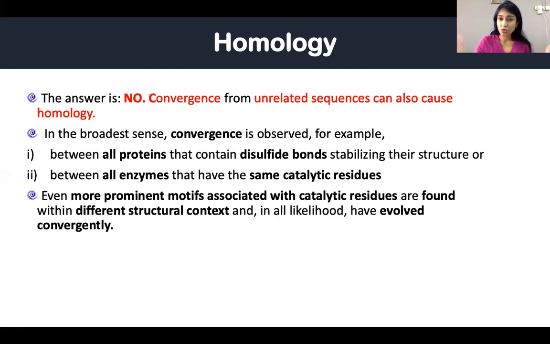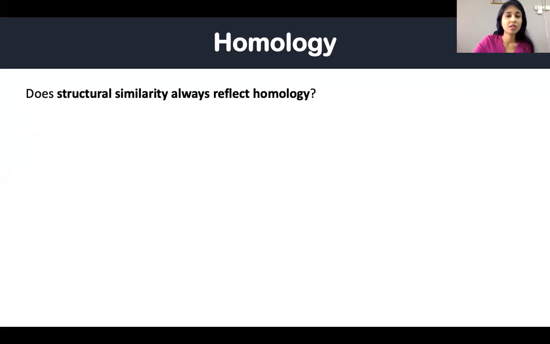That means they don't share a common ancestor, but they have had similar environmental stress or challenge, which leads to mutations and evolution, right? Changes in your genes, which eventually lead to a similar function, or similarity between these two organisms, right?